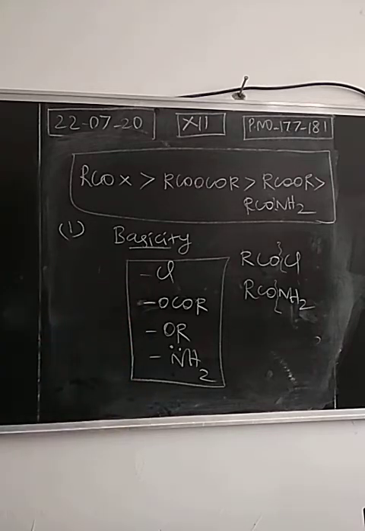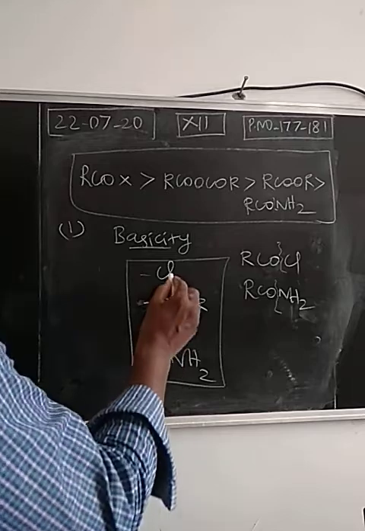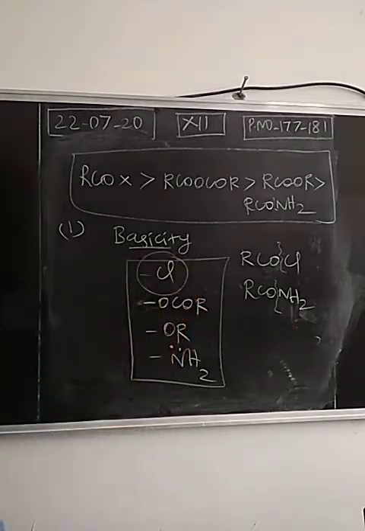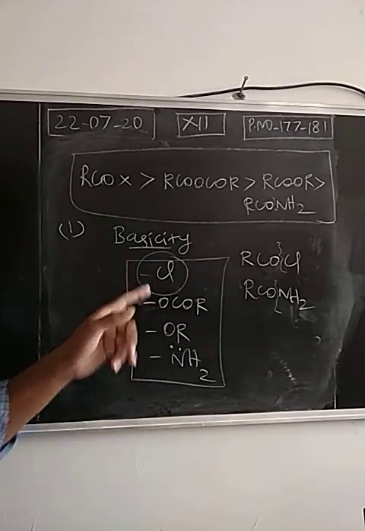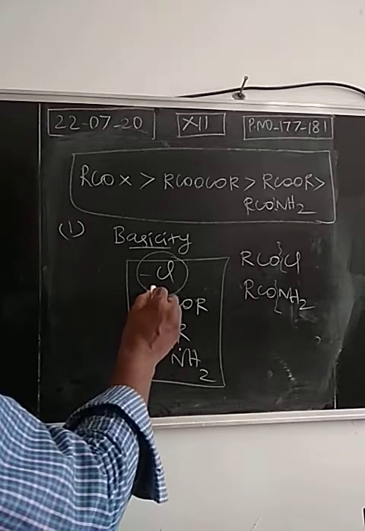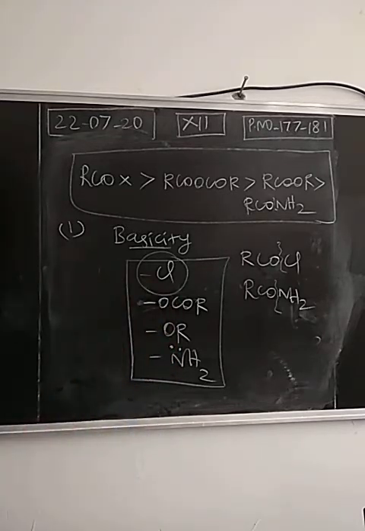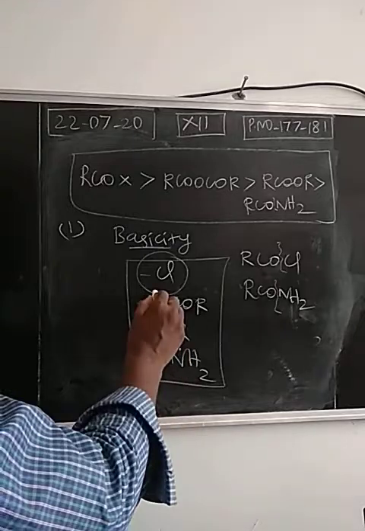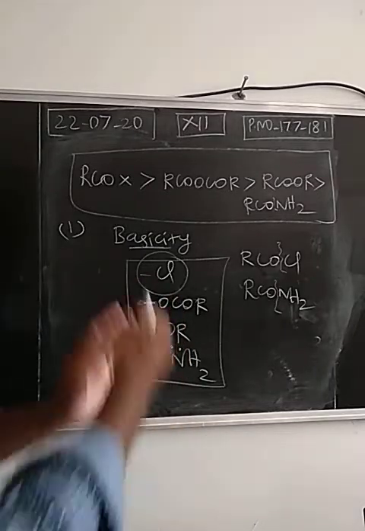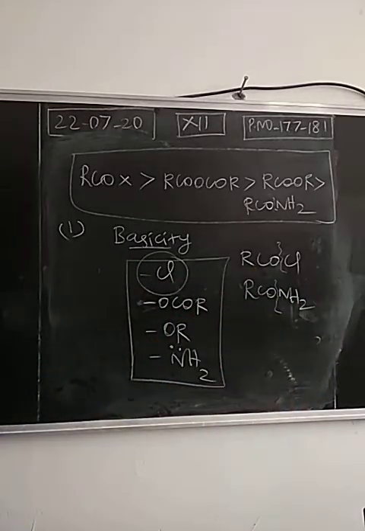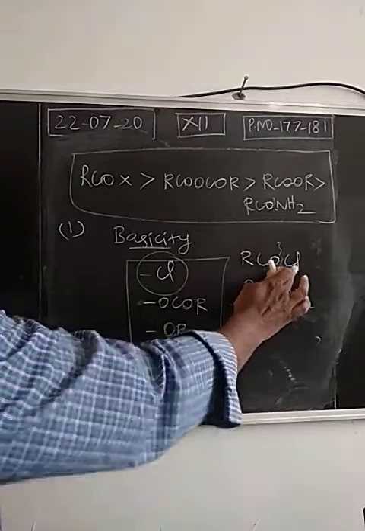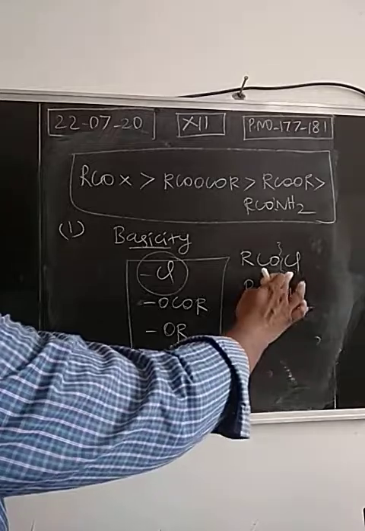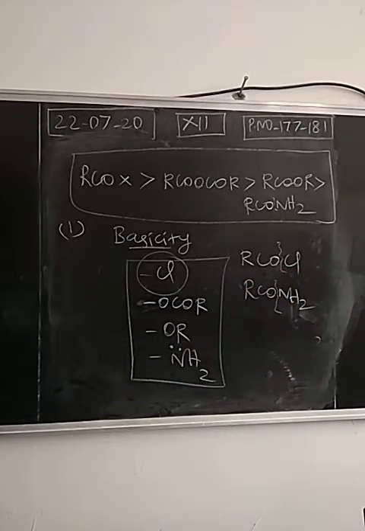So the reactivity is mainly related with basicity. Usually this is less basic in nature. It will have the tendency of accepting the electron. Less basic means leaving tendency will be more. Easily it can leave from the molecule. So from the compound, the least basic group present will have the more leaving tendency.